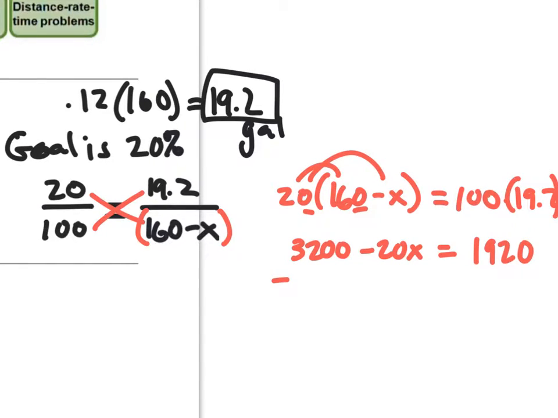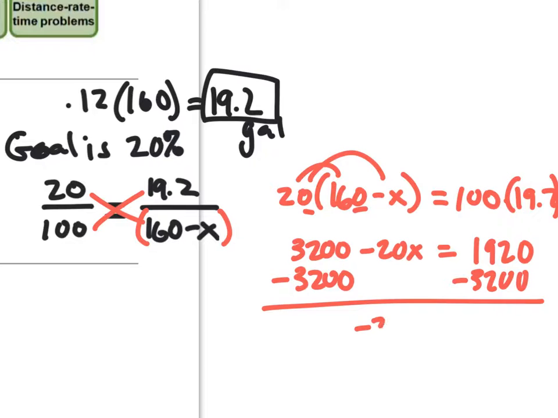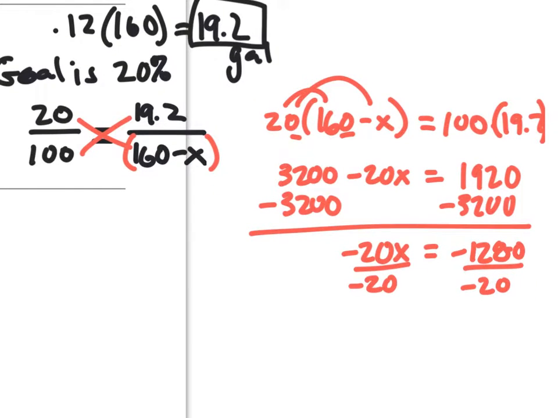If I subtract 3,200 from both sides, we get negative 20x is equal to negative 1,280. And if I divide both sides by negative 20, then we get that x is equal to positive 64.